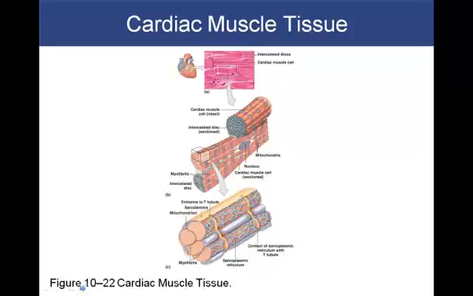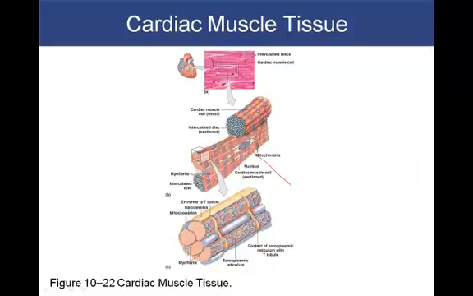This is a diagram, and we'll blow up some of these pictures. Up at the top, we have a histological prep of cardiac tissue. Directly underneath that, we focused in and have a drawing of what a cardiocyte would look like. Here again, we have the single nucleus.